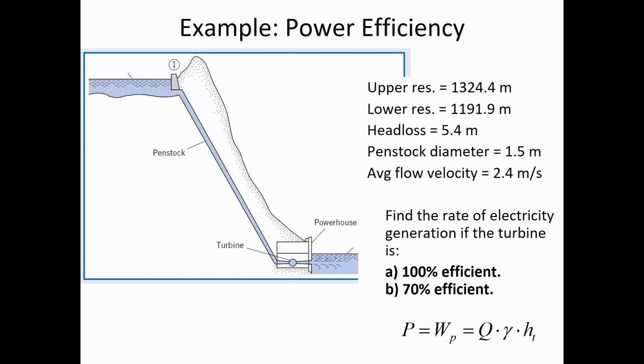There's going to be no velocity at either location because it's a tank or a big body of water where the movement of the water is negligible. There's not a pump, so we're canceling out the pump head term. So what we're solving for here is H sub T. That's the unknown. So H sub T is going to be Z1 minus Z2 minus the head losses, H sub L.